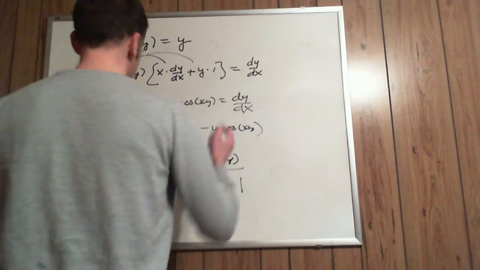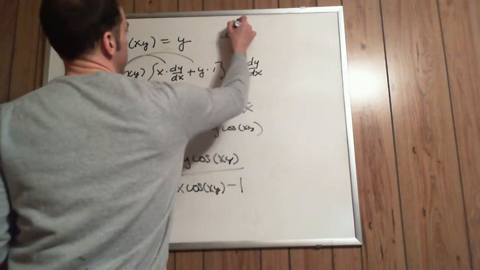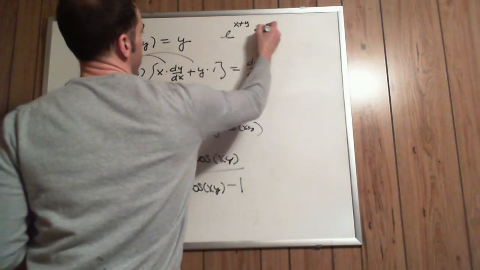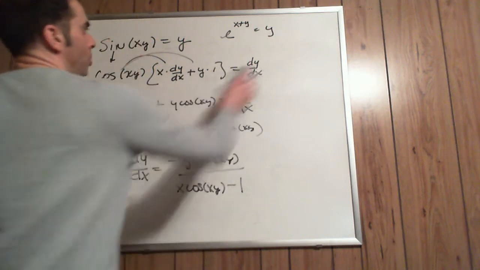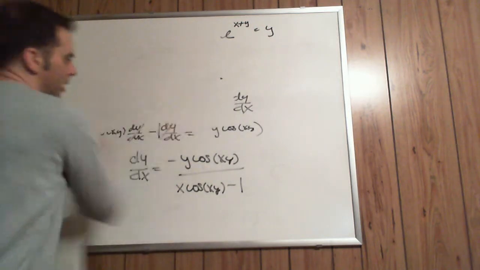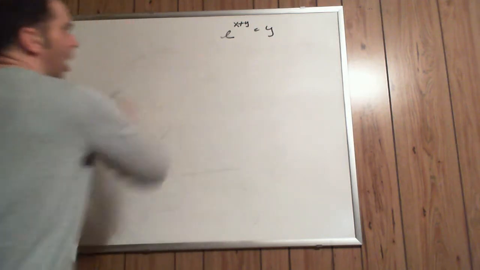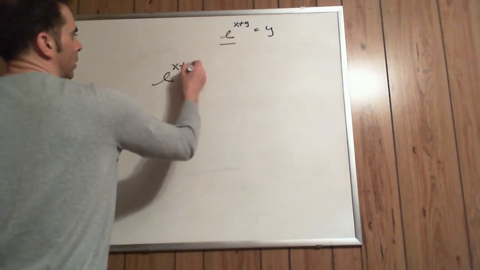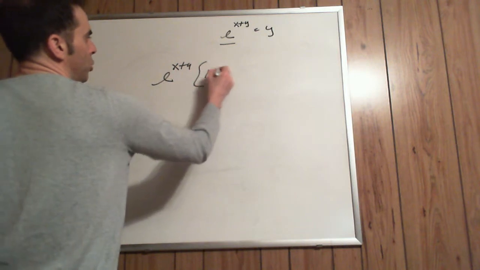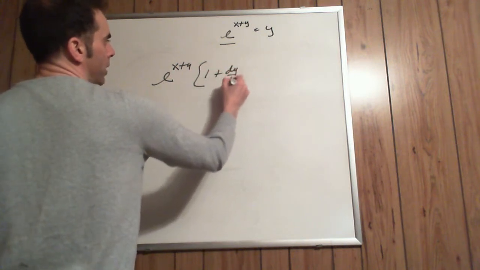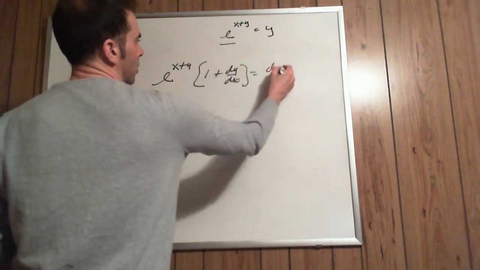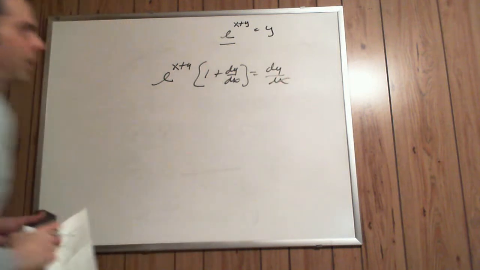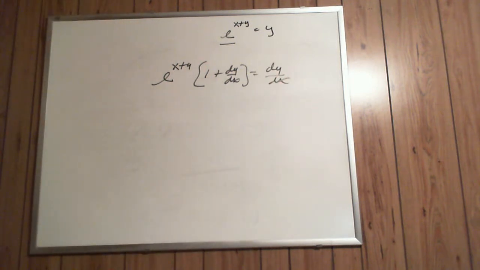If we have something like e to the x plus y equals y, what would that derivative be? Something of the same nature, but not a product rule, would be the function itself times the derivative of the exponent, which would be just 1 plus dy dx equals dy dx. And then distribute, get the dy dx's to one side, and solve. Okay.